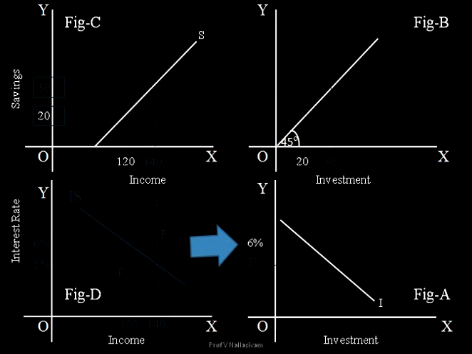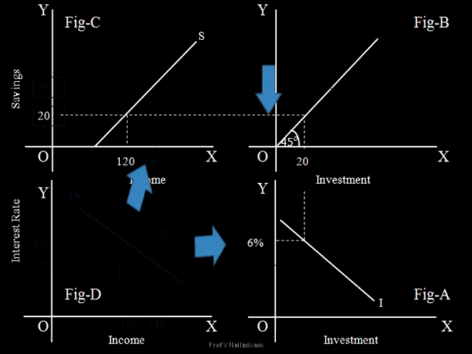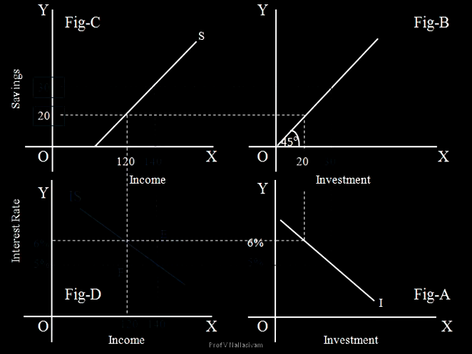When the rate of interest is 6% and the income level is 120 rupees, planned savings is equal to planned investment. The real economy or goods sector is in equilibrium.